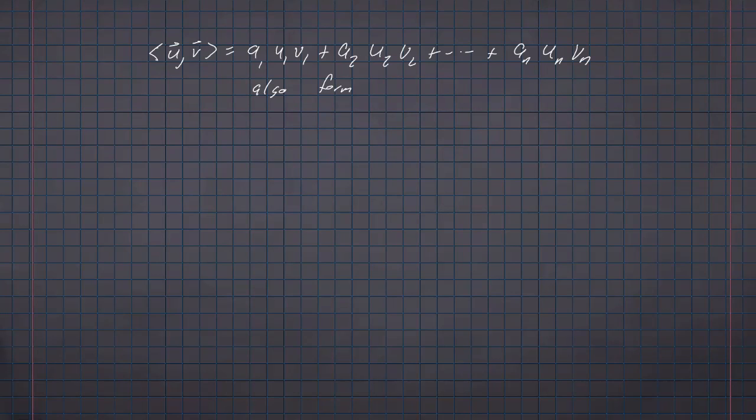And in general, it tells us that if we simply multiply each of the entries, so if we take the inner product of u with v, and we have some a1 times u1 v1 plus some a2 times u2 v2 all the way down, you get a different inner product in Rn.